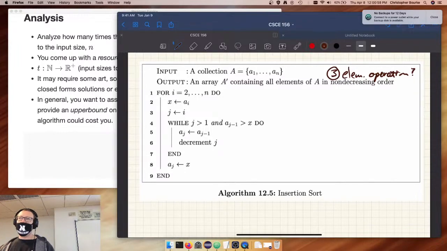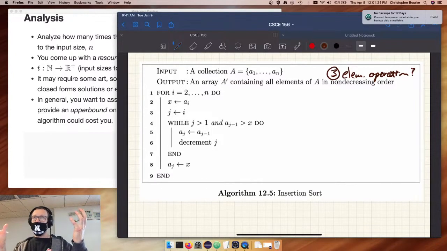Elementary operation. What would you go for? If it's a sorting algorithm, what are you doing at the core of your sorting algorithm? These two things, are they in order or out of order? Oh, they're out of order, so I need to swap them. Oh, they're in order.